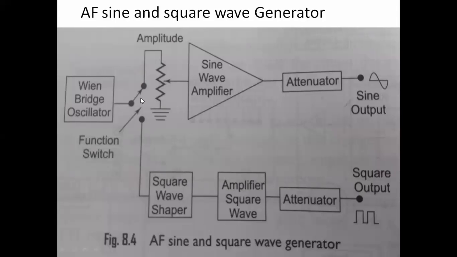The Wien bridge oscillator will produce the audio frequency signals. It is one of the best oscillators used to produce audio frequency signals, the audio range of frequency signals.